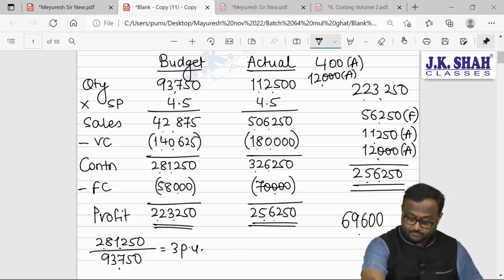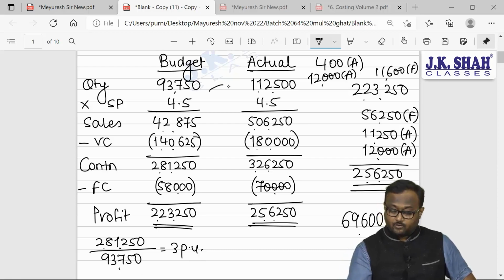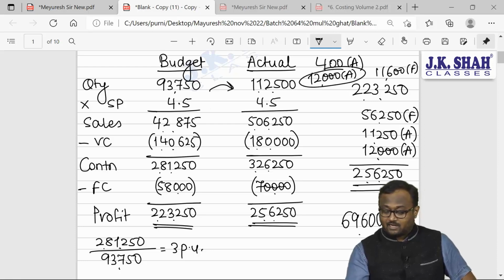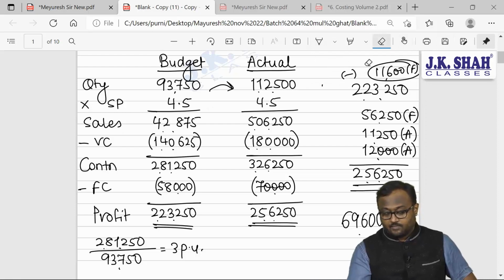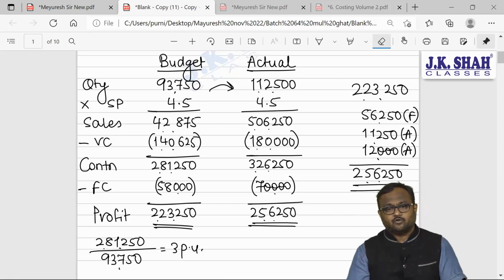That is 11,600, but favorable because you produced more. तो ultimately effect क्या आ रहा है यार? 12,000 and 11,600, 400 adverse. ये भी आप calculation में दिखा सकते. We have assumed marginal to be the base and we finish it off.